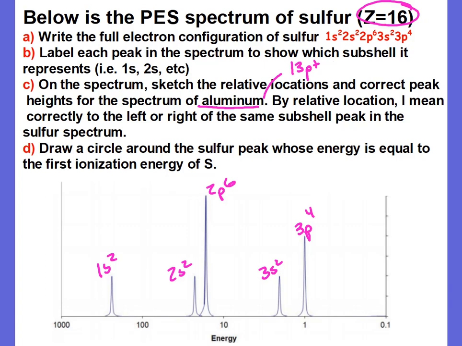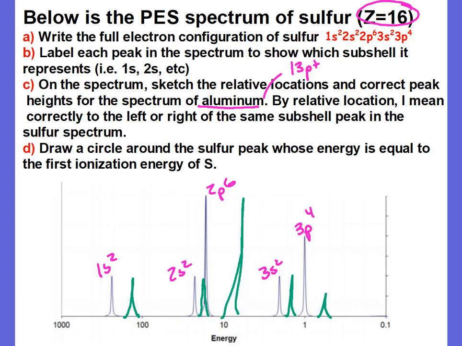Because aluminum has fewer protons, its electrons would be held less tightly to the nucleus, so they should be further to the right. But height-wise, they should be the same height for all of them except this last one. Aluminum only has one electron in its 3p, so it should be half the height of any of the ones that were S's.